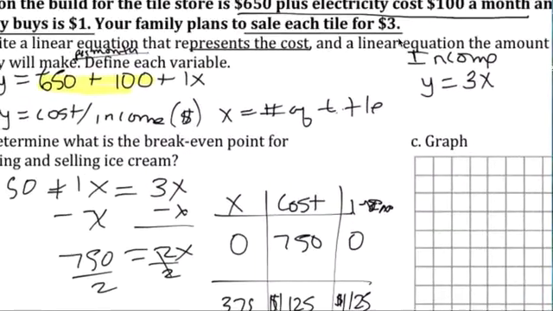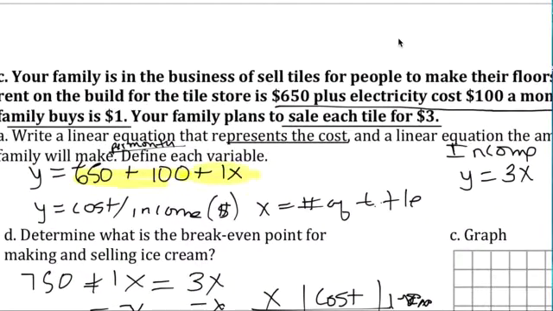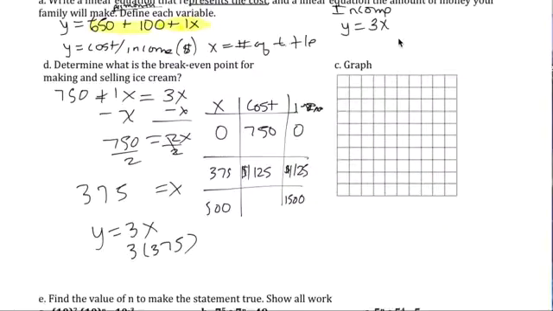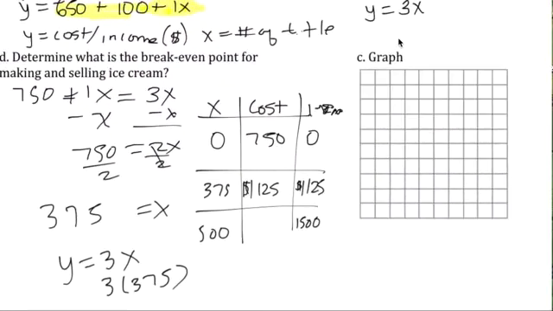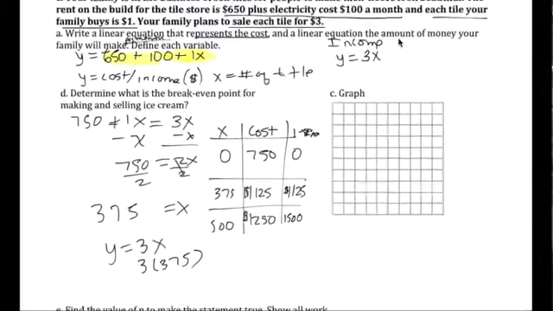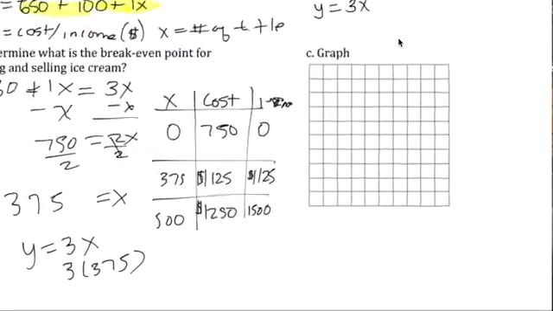And then right here I'm using this one. 1 times 500 is 500 plus 100. That's 600 plus 650, get 1,250. Okay, and then graph that.